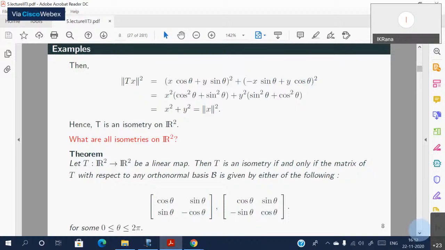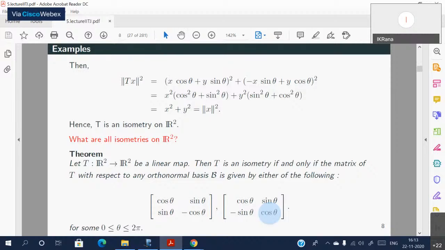There is a theorem which one can prove very easily: if T is a linear map, and you take the matrix of T with respect to an orthonormal basis, you can take the standard orthonormal basis if you like, then T will be an isometry if and only if its matrix representation is either cos theta, sin theta, minus sin theta, cos theta, or cos theta, sin theta, sin theta, minus cos theta. It's not very difficult to prove this theorem.